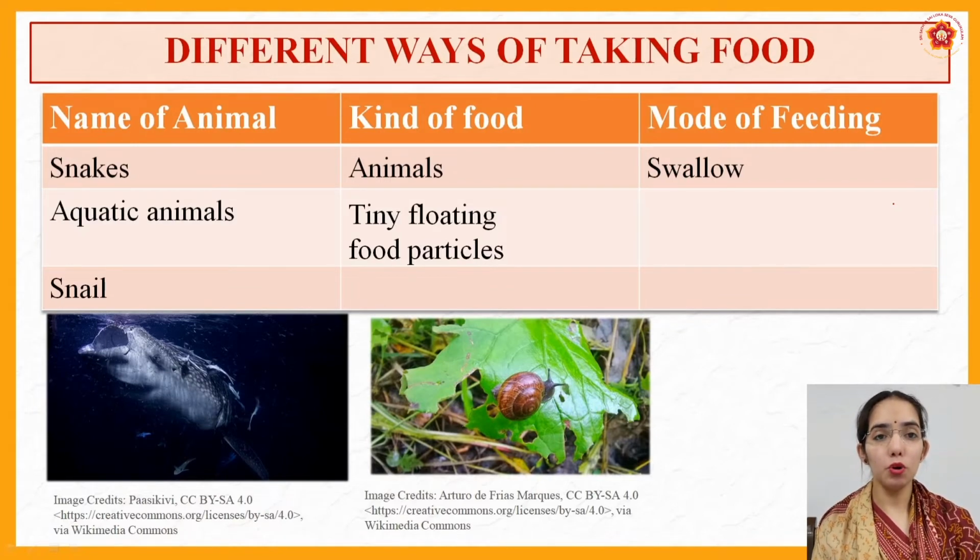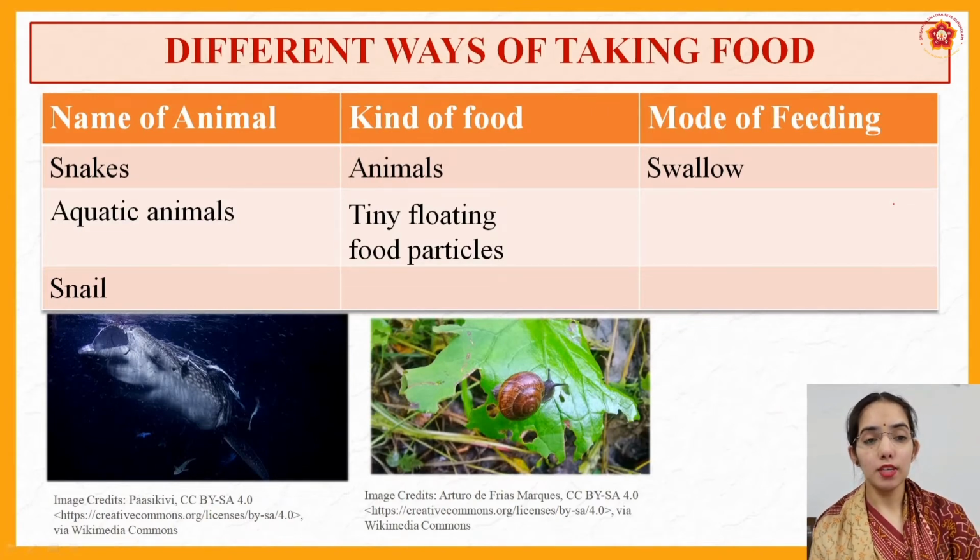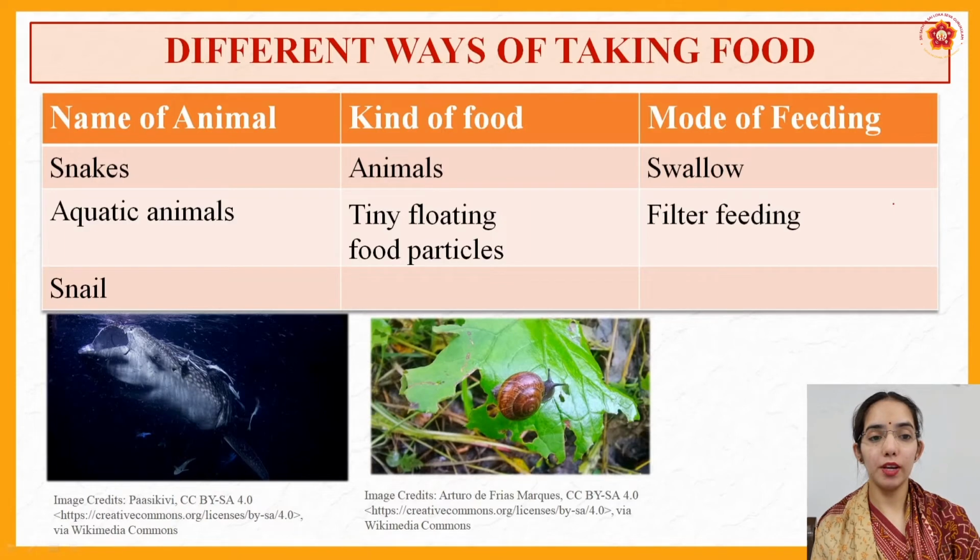The food particles will get stuck inside a structure in its mouth called baleen. So this mode of feeding is called filter feeding, because it is filtering the water and all the food particles get stuck in the baleen.